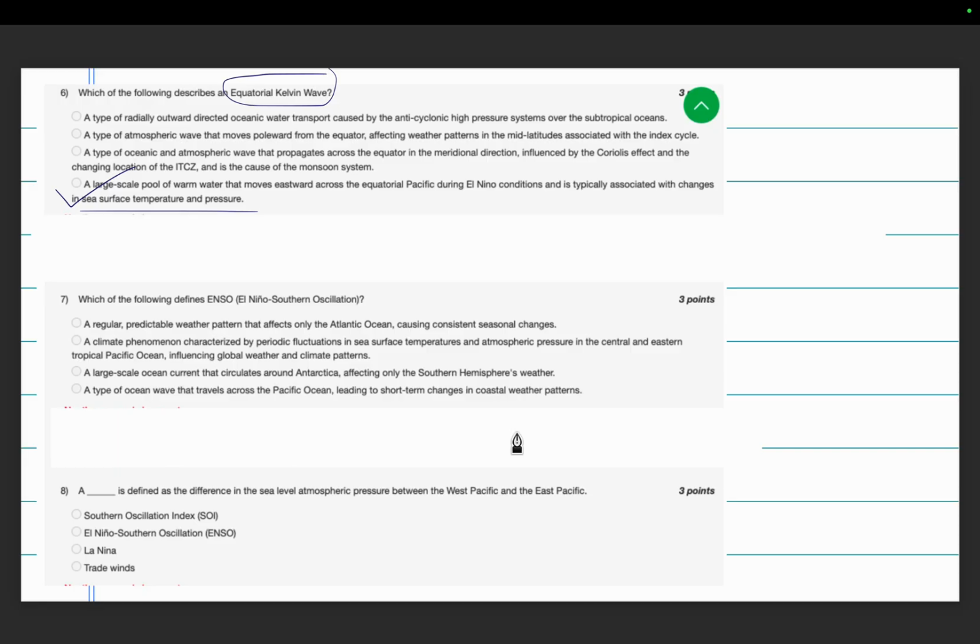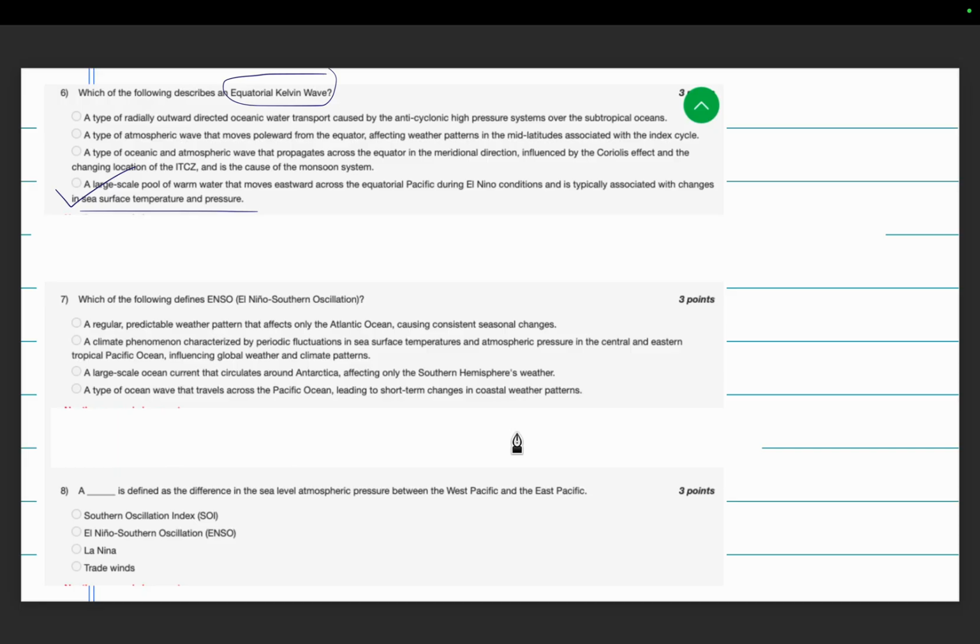A climate phenomena that is characterized by the periodic fluctuation in ocean surface temperature and atmospheric pressure in the central and the eastern tropical Pacific Ocean, including global weather and climate pattern. A large ocean current that circulates around Antarctica affecting only the southern hemisphere weather. A type of ocean wave that travels across the Pacific Ocean, leading to short-term changes in coastal weather pattern.